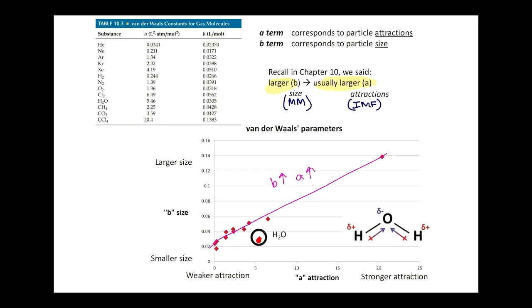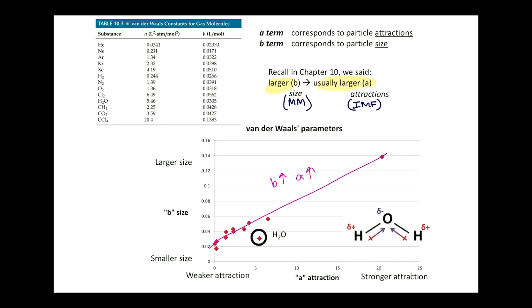Water is lighter, but has a fair amount of attractions present. This is what we're going to be talking about, the details of intermolecular forces. There's more than one factor that tells us about intermolecular forces. It's not just mass or molar mass. Molar mass is one of them, but it's not the only one, and that's where water falls under.